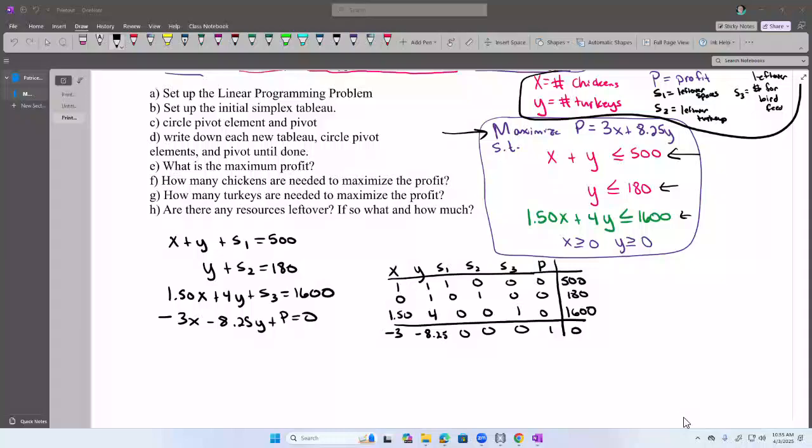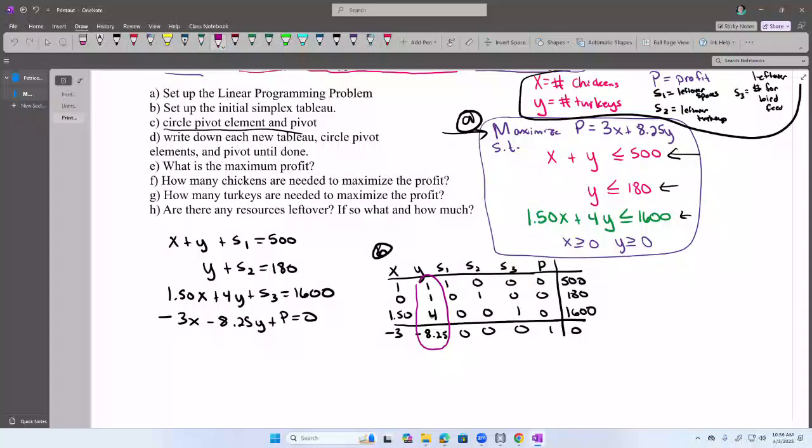All right, so once we have our initial simplex tableau, so this is our initial simplex tableau. So if we're kind of looking over here, part A was set up the linear programming problem. That was part A. This is part B, set up the initial simplex tableau. Circle pivot element. So I'm going to find the most negative number, which is negative 8.25. I only divide the positive number.